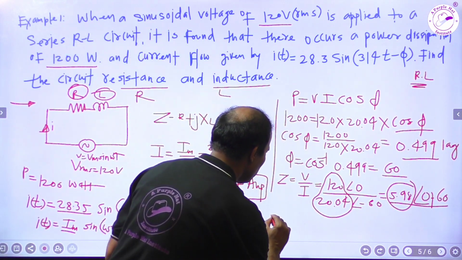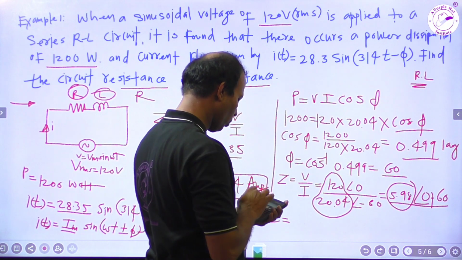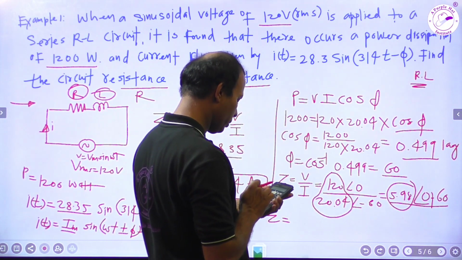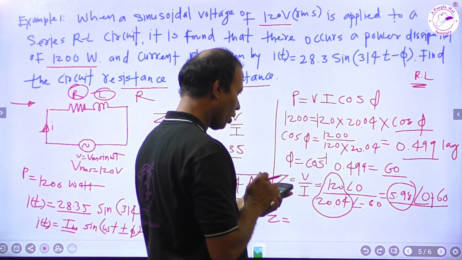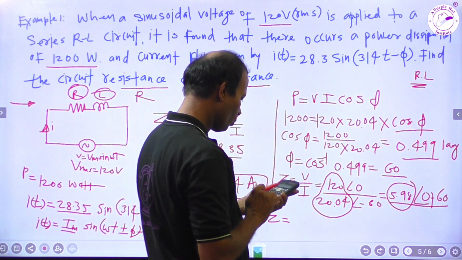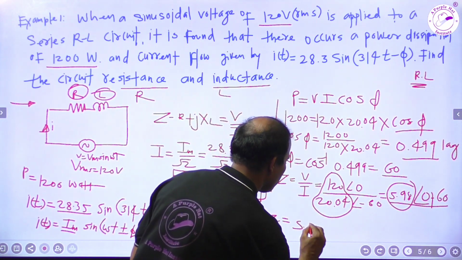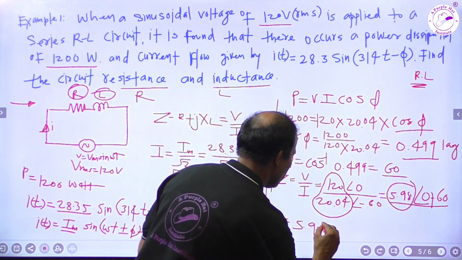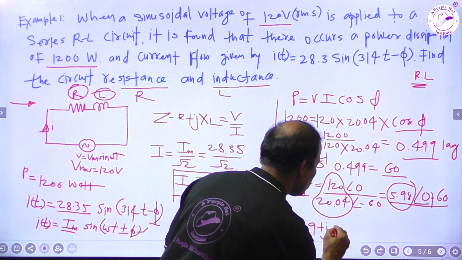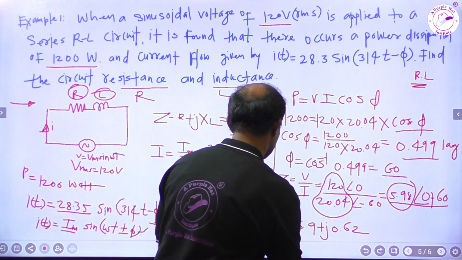So Z in rectangular form, shift rectangular, 5.98 comma 60, bracket complete, is 5.9 plus j 0.62. This is my impedance.